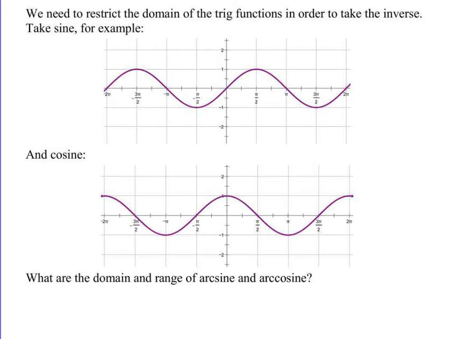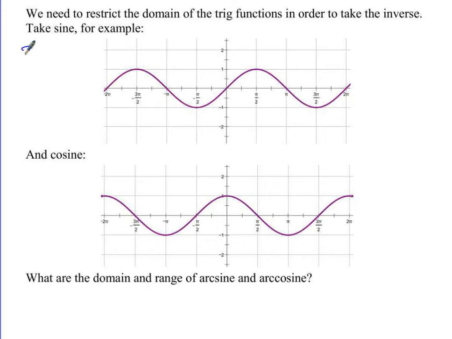So the first thing I want to do is review for you, or hopefully review for you, how to restrict those domains and what that means for inverses and how we kind of work with them. So this is kind of a review of pre-calculus from last year. So we have a sine curve right here.